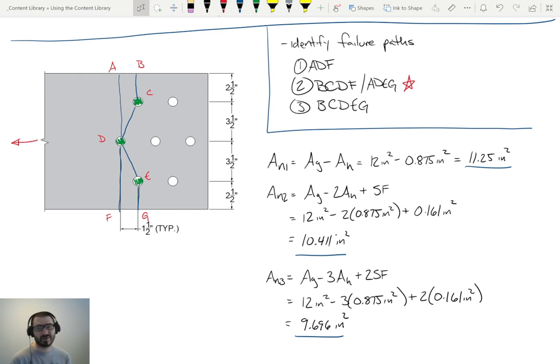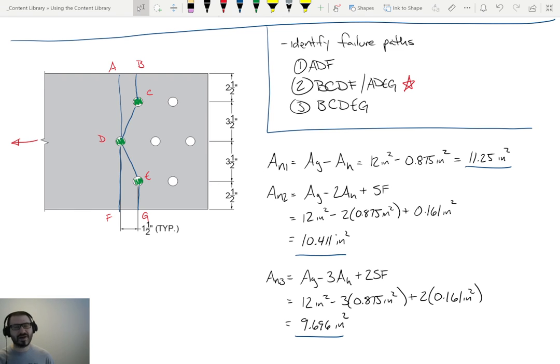More specifically, let's go back to what we're using net area for. Ultimately, net area is going to be utilized as a means of computing capacity. We're going to take the net area and multiply it by some stress or some safety factor, for example, in order to determine the amount of load that this member can withstand.